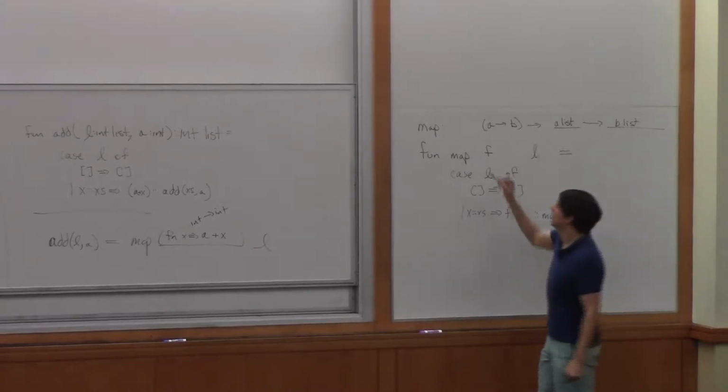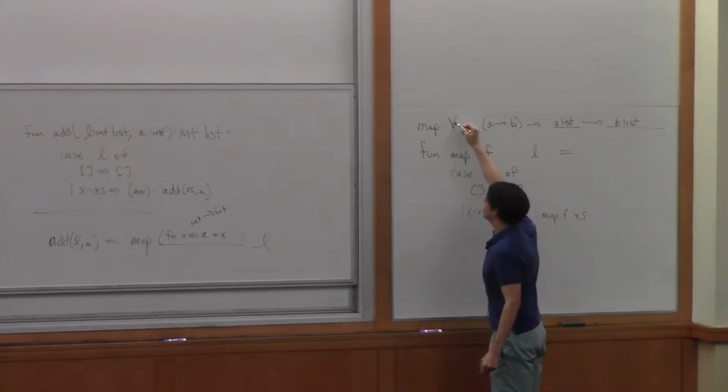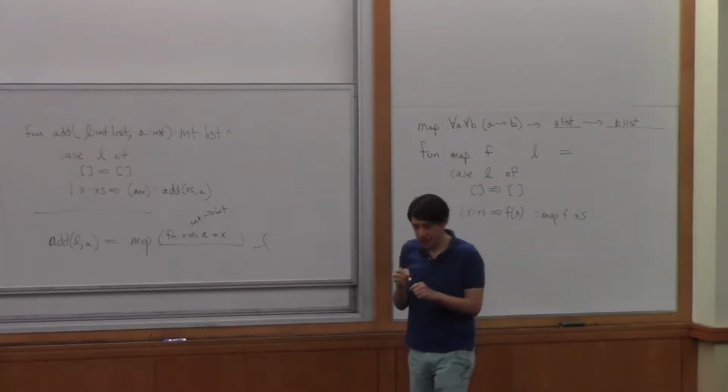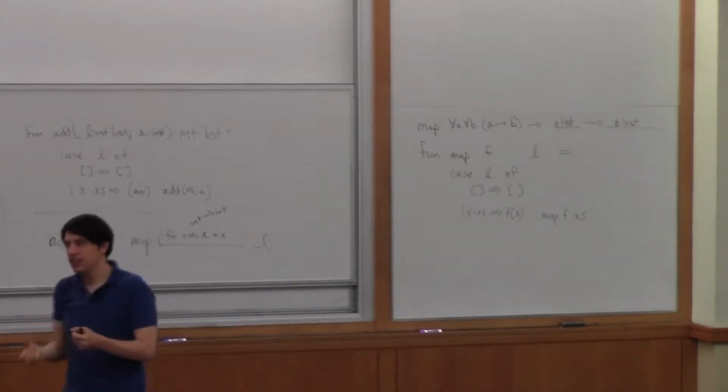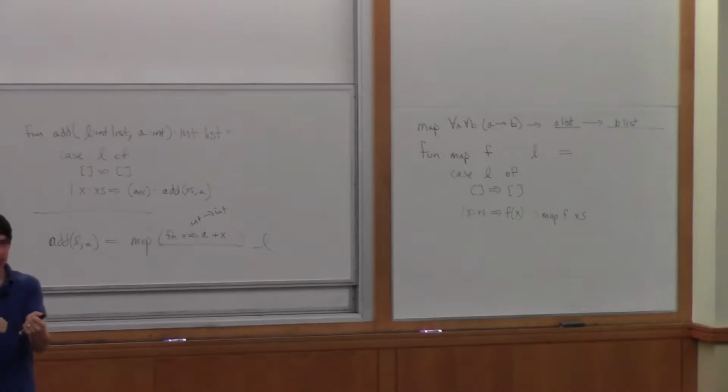That works not for specific A and B, but for all A and for all B, right? The idea is that no matter what A and B you want to pick, it does that. Okay?